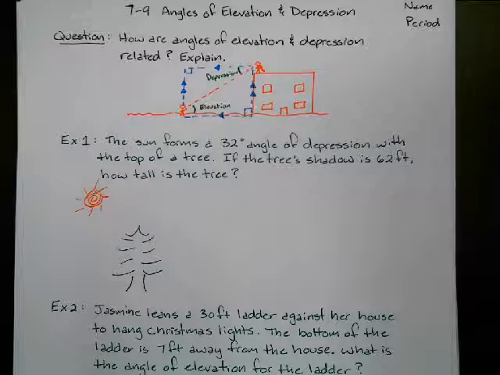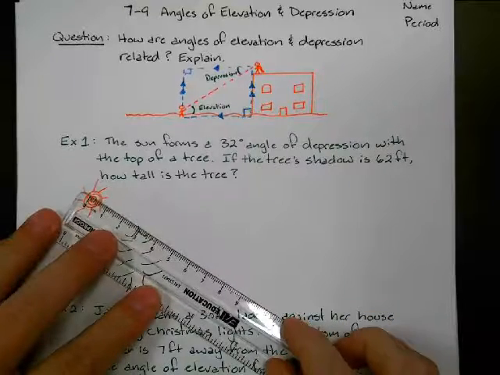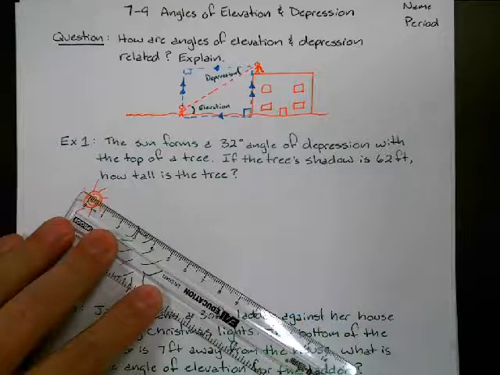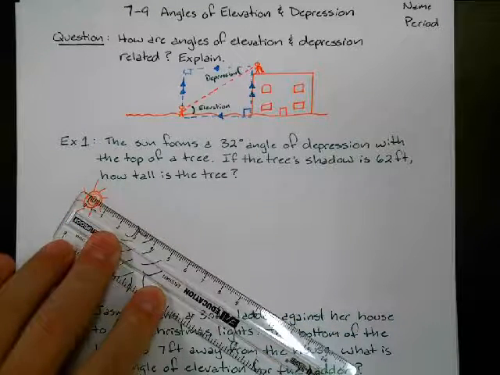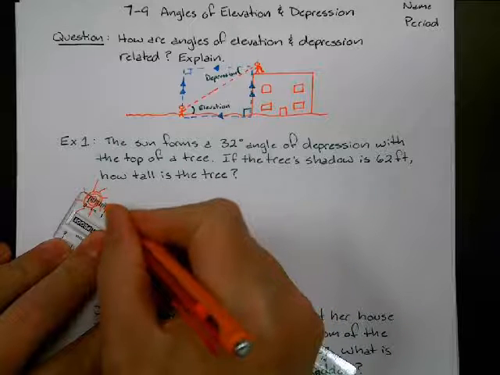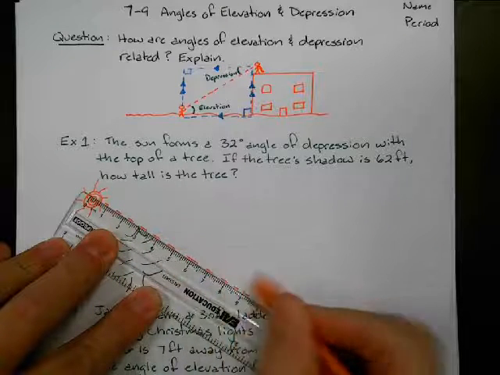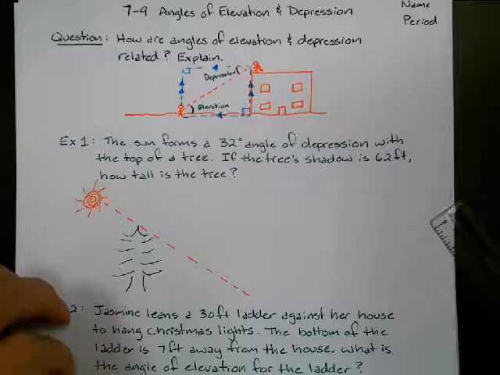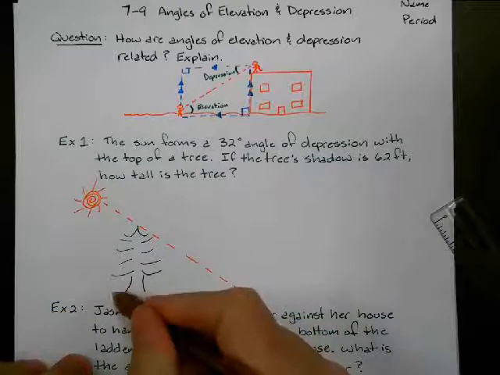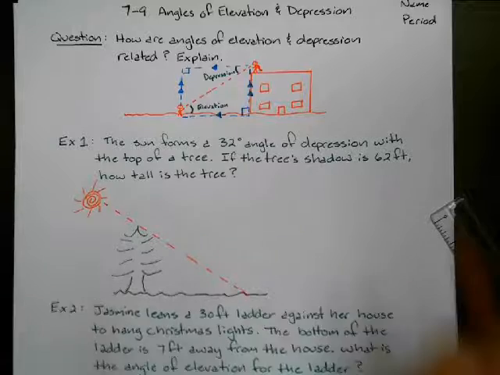All right, so the sun and light moves in a direct line. So the sun is going to make this angle of depression with the tree. I need the ground. All right, so here's the ground. That's what I got so far.